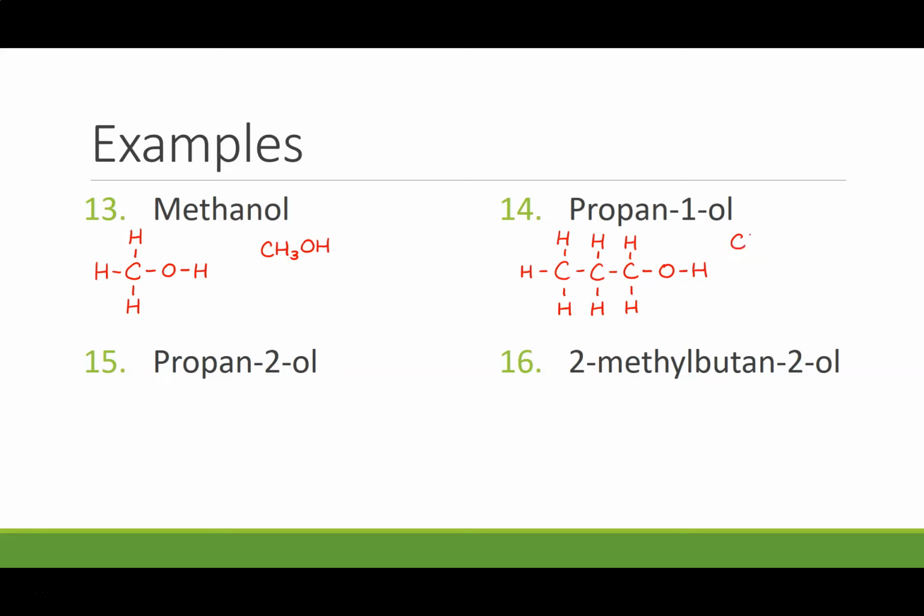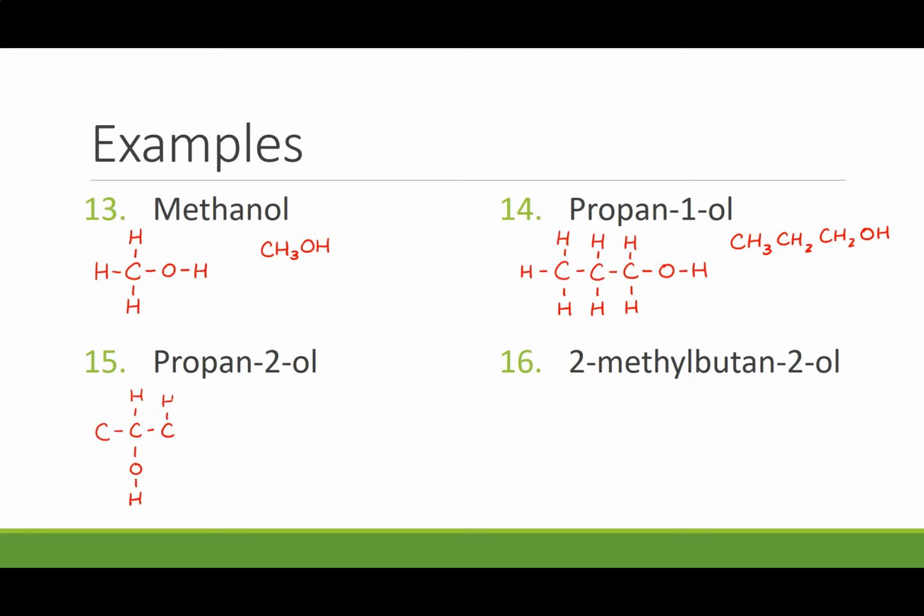If I draw the condensed structural formula, then it will be CH3, CH2, CH2OH. Number 15, propan-2-ol. Again, we have 3 carbons, all bonded by single bonds. The hydroxyl group is attached to carbon 2, which is the middle carbon.